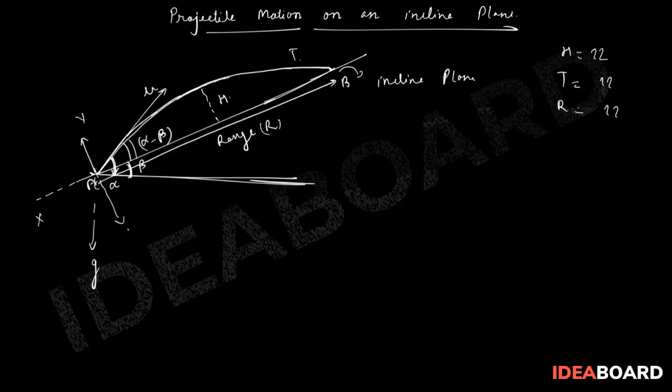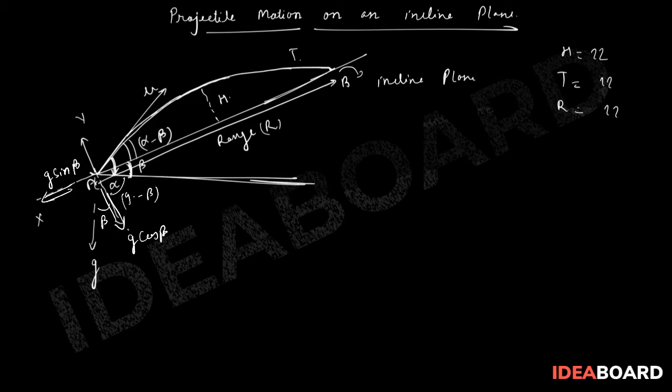What I can see is that this is beta, this is 90 minus beta, so this will be beta, correct? So we can have two components of g, along the y and x axes. This will be g cos beta, and this is g sine beta.